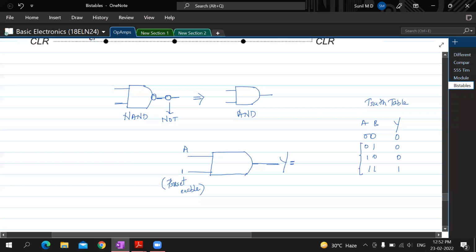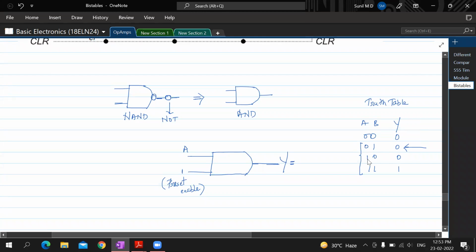Now you need to catch hold of the combinations where one of the inputs is always high. Don't you think in this combination one of the inputs is always high? See, B is high. So when B is high, what is the output here? The other input. That means when one of the inputs is 1, the output is always the other input. Can I say this about the AND gate? Listen to this statement of mine very carefully: when one input of an AND gate is 1, the output is always the other input. Make sense? Here this input is high, so the output is the other input.